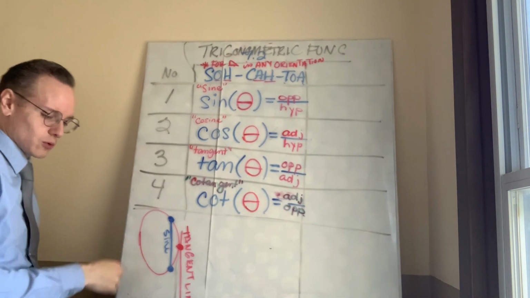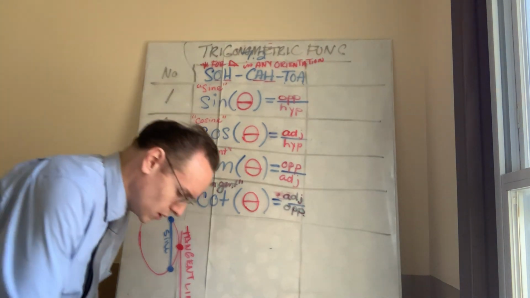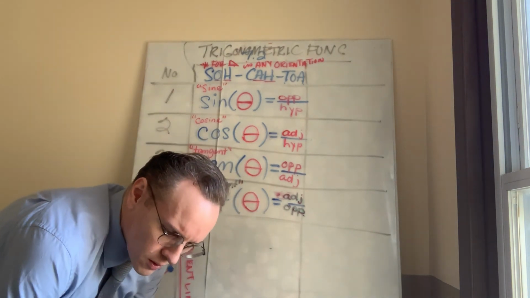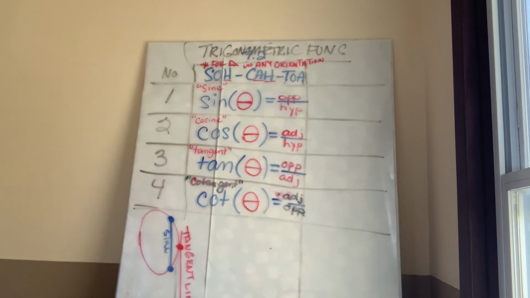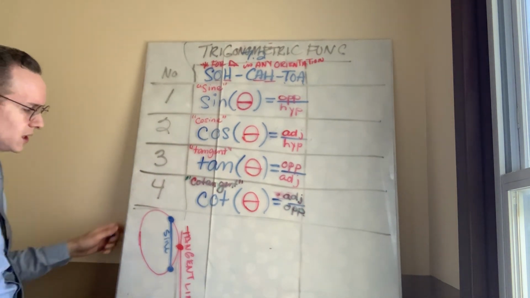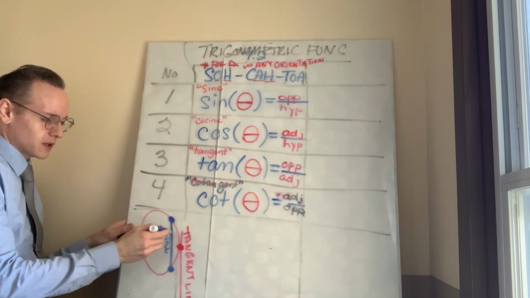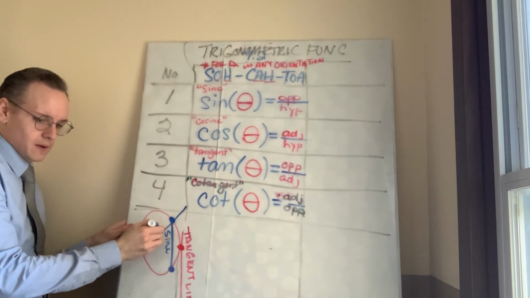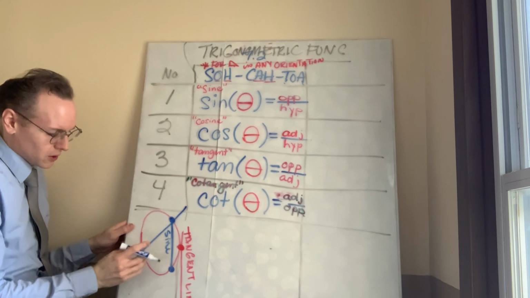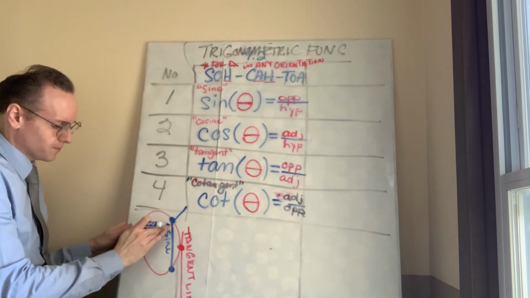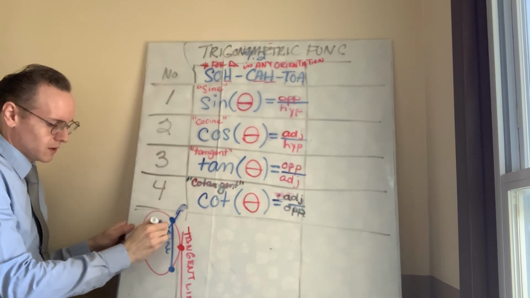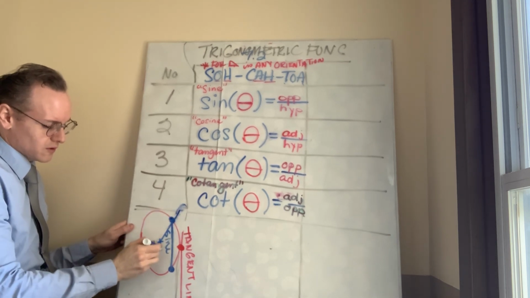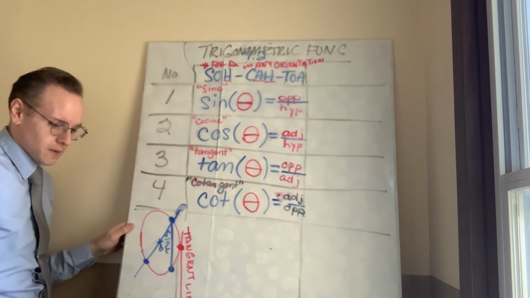I'm going to unfortunately have to erase my picture, but before I do, let me just give you an idea where this phrase secant comes from. A secant is another line in respect of a circle that would go, if it was drawn a little bit nicer, through the center. Say that that's the center here.